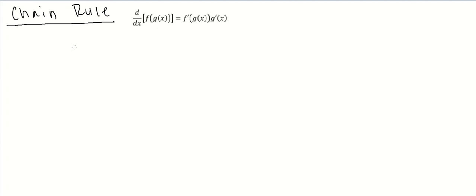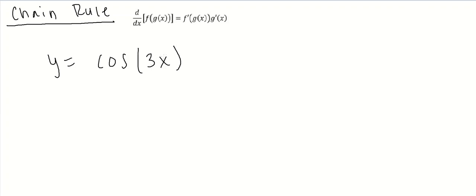So when I say a composite function, and I mean a function inside a function, that would be if I had something like y equals cosine of 3x. So what you might notice here is that I'm going to refer to cosine as my outside function and 3x as my inside function, because the 3x is the thing that goes into the function, and then cosine is what happens next after we put 3x in.